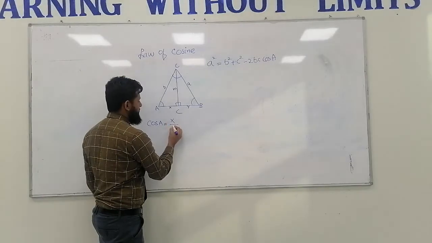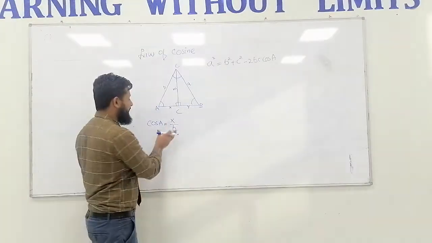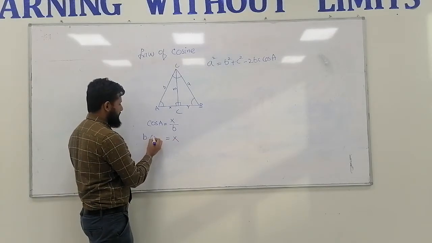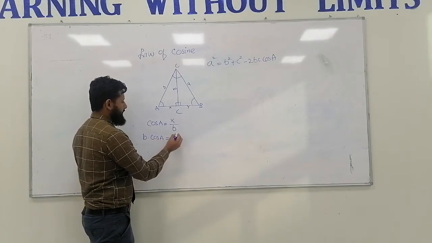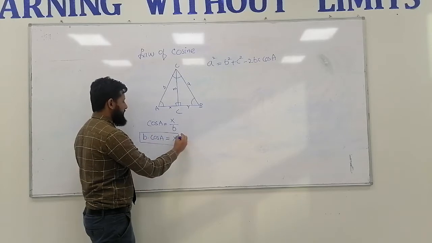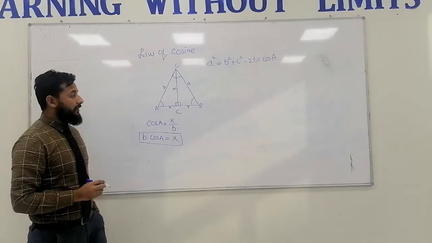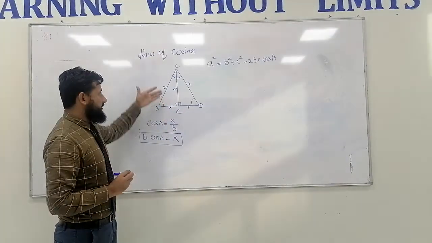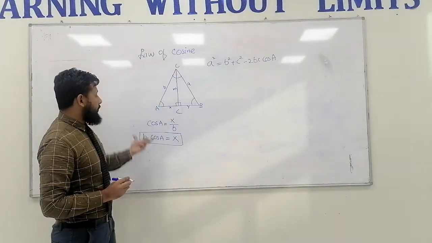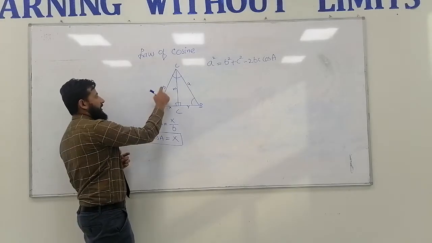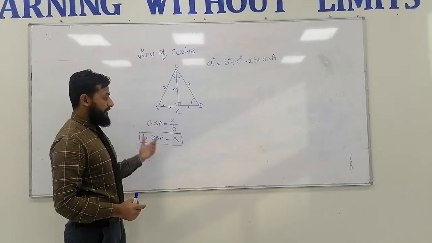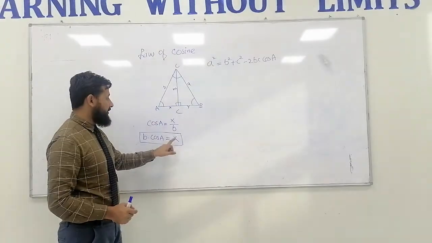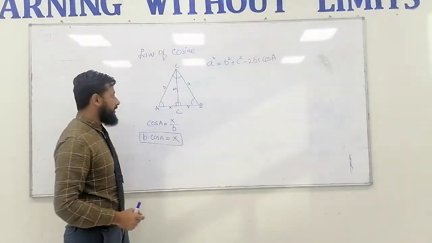Solving for X, it should be b times cos A. This is something we should remember. Why did I do it? Because X is something that I don't know, and I need to write it in a form where I know. I know b, and I know the angle A, so this expression will help me get X.